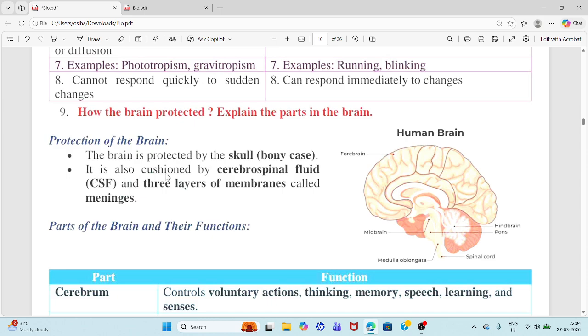It is also cushioned by cerebrospinal fluid, CSF, and three layers of membranes called meninges.